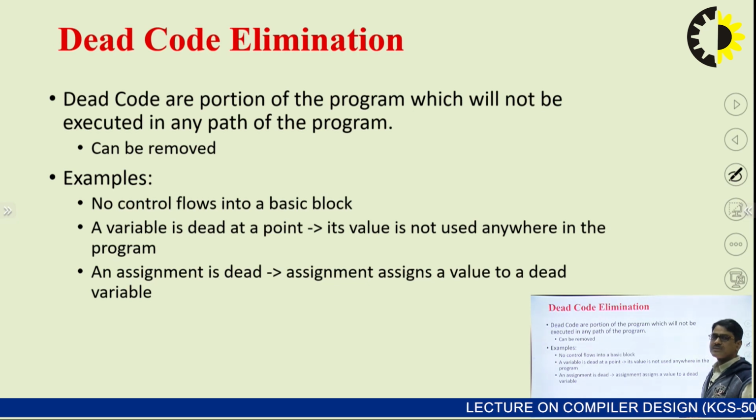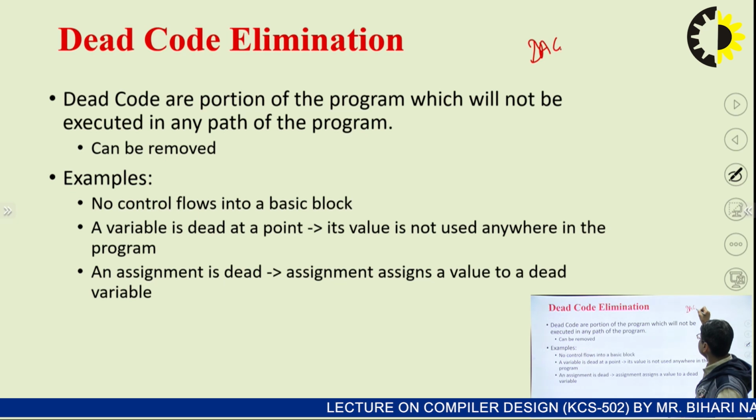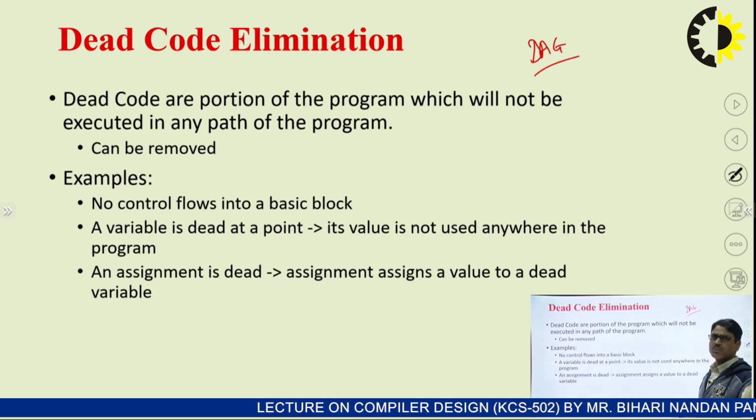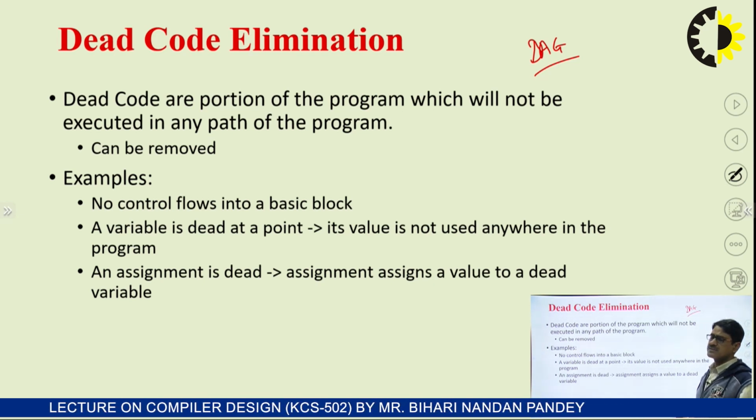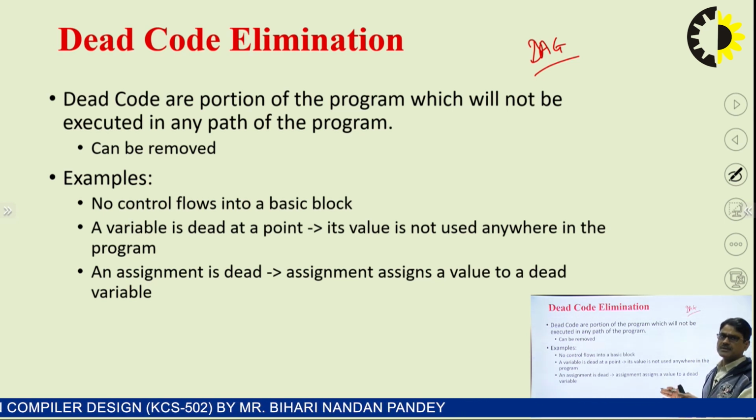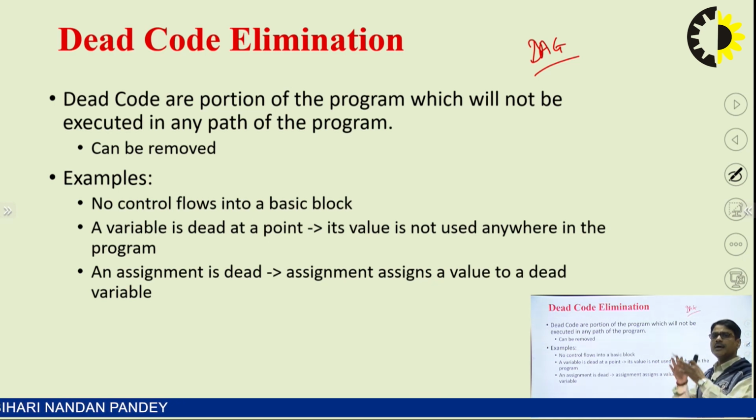We can find dead code in two ways. One is the DAG, and the second is to use the code directly and find it manually. In a DAG for any triples, quadruples or program fragment, if some portion is not connected with the overall DAG and is separated from it, it is definitely dead code because it does not contribute to the execution of the whole program. So no control flows into those basic blocks.